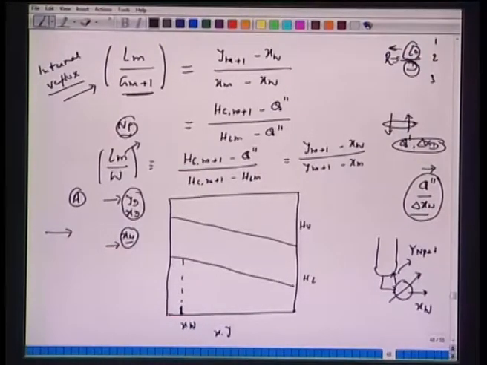Okay. So, if this liquid which leaves is saturated, here we have this HW, and then this liquid is in equilibrium with this vapor. So, we can draw the first tie line. This will correspond to G NP plus 1, or corresponding to this we will have Y NP plus 1.